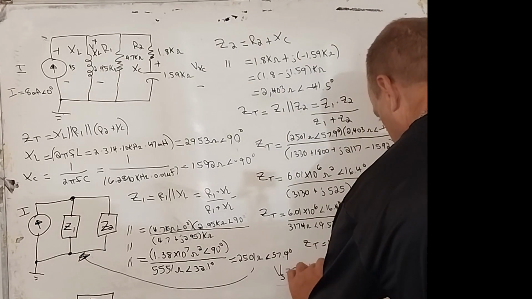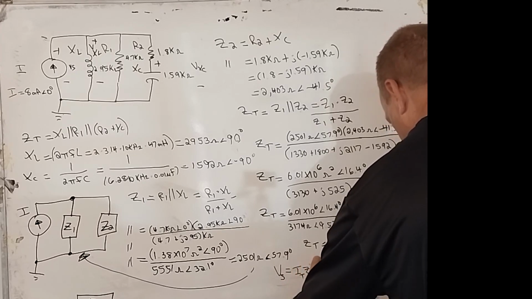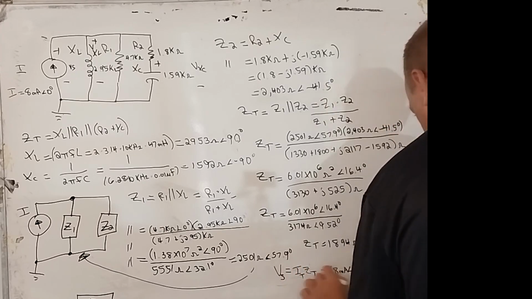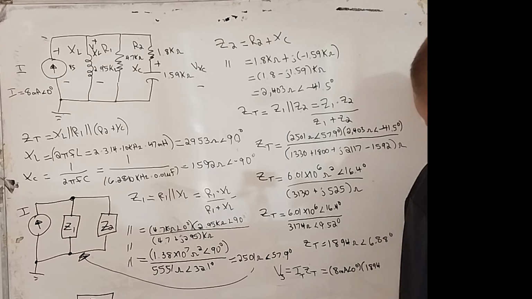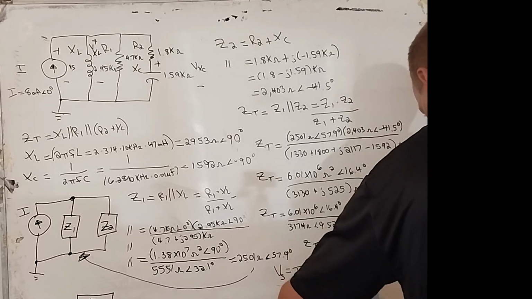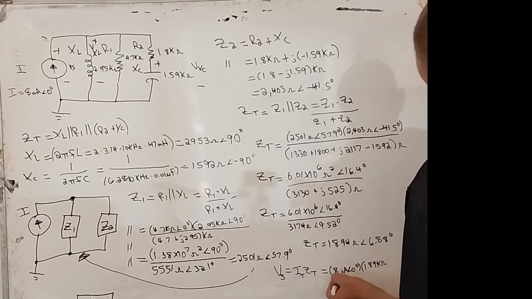But this is, I'll just write this out. 8 milliamps at an angle of 0 degrees times 1894, or I could say 1.89 k ohms. That way we're consistent with this because this has milliamps.